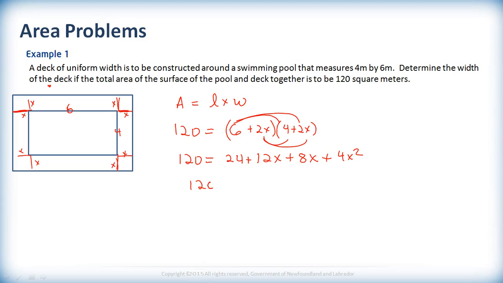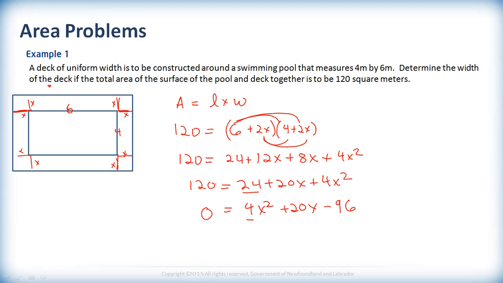So 120 is equal to 24 plus 20x plus 4x squared. Now let's see what we can do about putting all this together. We're going to have 4x squared and a 20x over here. Now 24, and I'm going to subtract the 120 to give us a negative 96 on that side. So we've got 0 equals all that stuff.